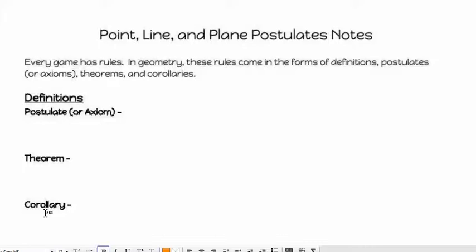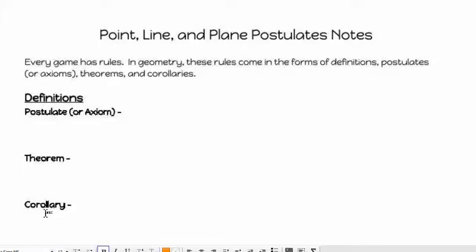Geometry is a logic-based subject, meaning that all of the things that we do have to be based in true statements, things that are always true without exception. And we have different types of those statements. We have definitions, which we're all familiar with, postulates, also called axioms, theorems, and corollaries.